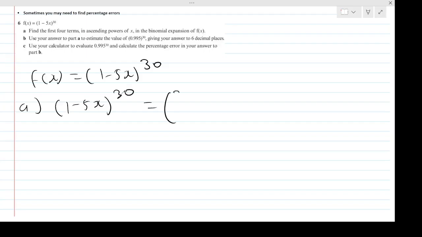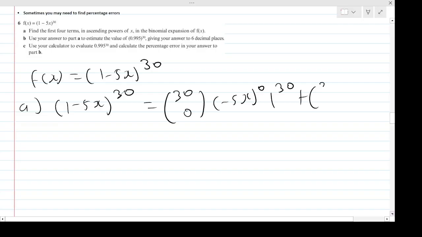So it's going to be 30 choose 0. Then the x part is minus 5x to the power of 0. Then we're going to get 1 to the power of 30. Then we're going to get 30 choose 1, then minus 5x to the power of 1, then 1 to the power of 29.